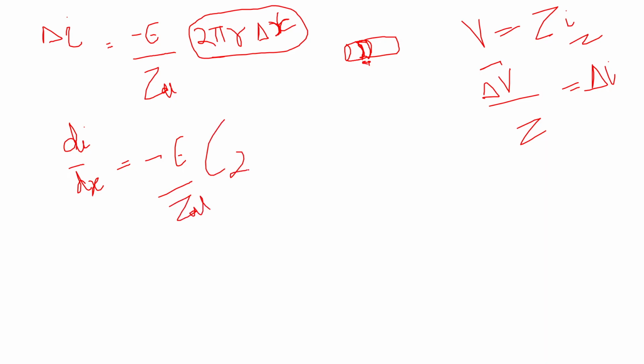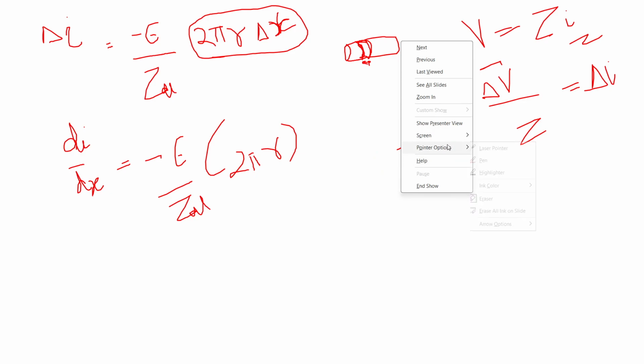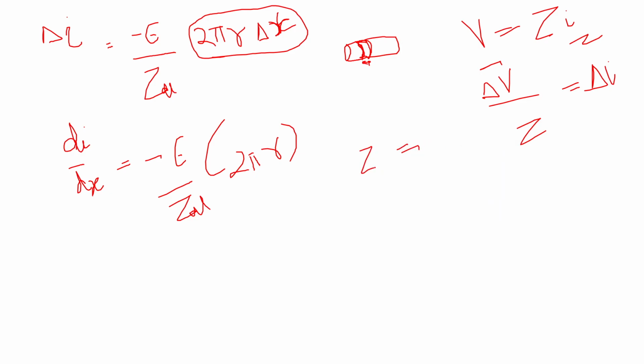So what is this ZDL? That is the impedance. So we already told there is no Faraday impedance, there is only the capacitive impedance, and that's a pure capacitor. So we know ZDL is nothing but 1 by j omega CDL.